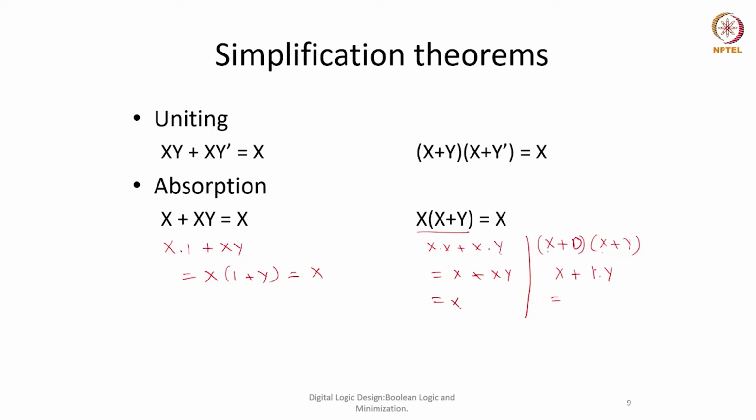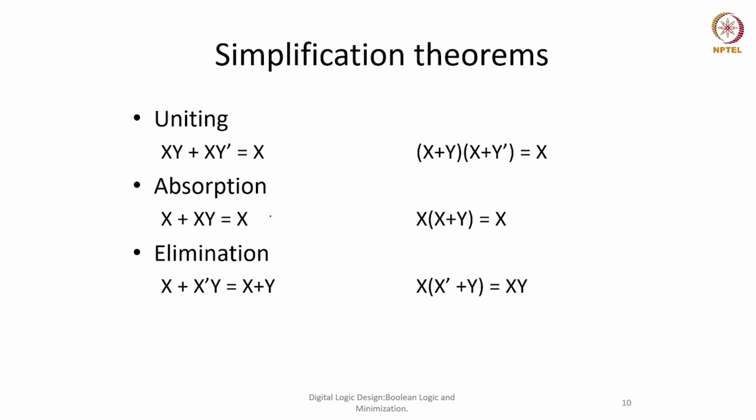So x plus 0, and now 0 dot y is equal to 0. So x plus 0 equal to x. This could be another way of saying this, but the overall idea is that this particular expression has multiple variables, multiple logic gates would be required, but after simplification you are left with only this variable.